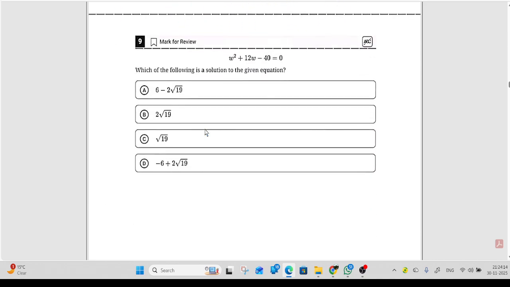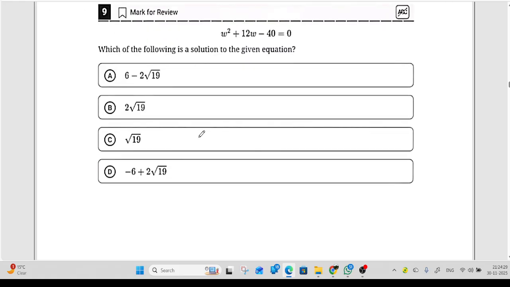Now, let's see the next question. So the next question is this: which of the following is a solution to the given equation? So this is a quadratic equation. To solve it, we can use the quadratic formula, right? Which is this: minus b plus minus square root of b square minus 4ac over 2a.